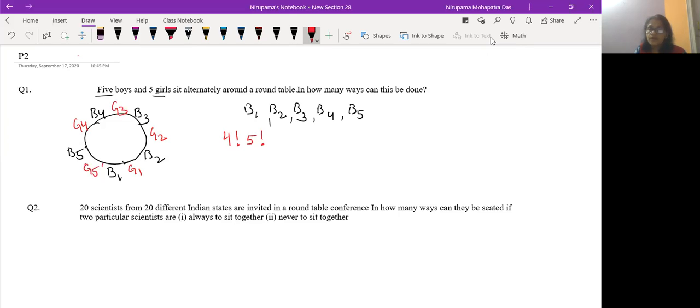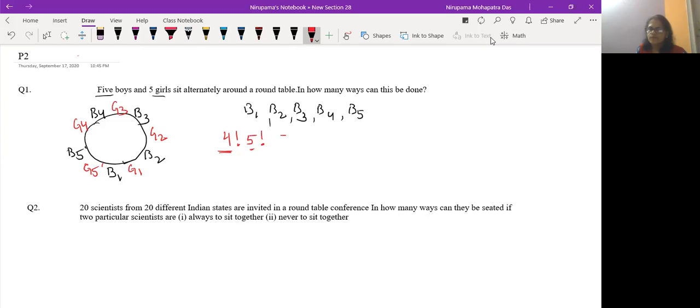This is not factorial 4. Just observe: we arranged the boys first, so the 5 boys around the circle can be seated in factorial 4 ways, using circular permutation. Now we make the girls sit between the boys, in the gaps. So 5 places, 5 objects, factorial 5.